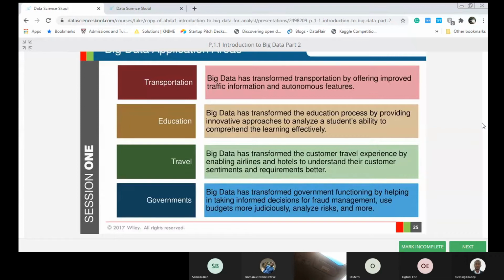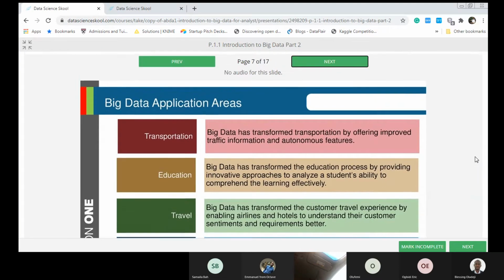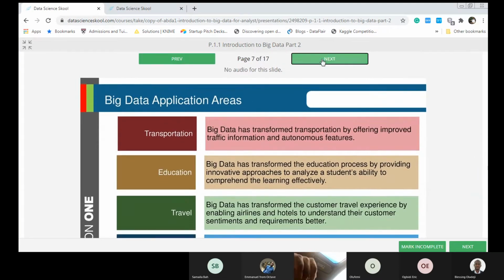Government is in charge of education, health, even transportation, some of those policies. So there is so much data collected by the government. All of these can be triangulated in a way that can help the government become a lot more efficient in the way that it's engaging its population.